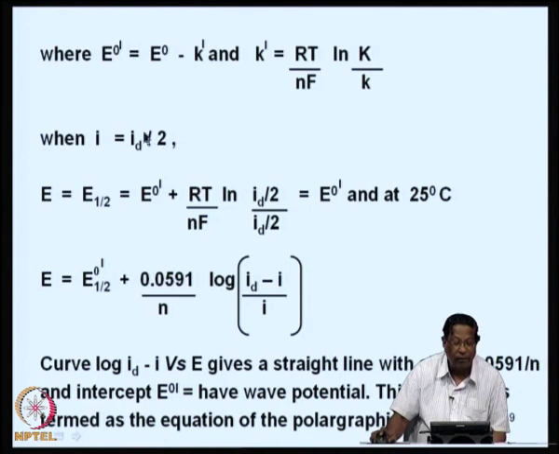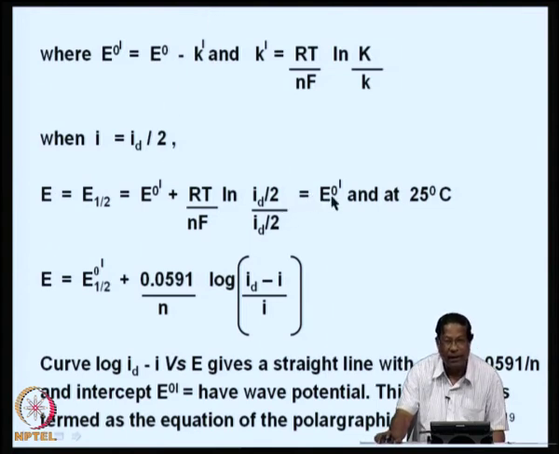Again, as usual, I do the exercise when I is equal to Id by 2. Here I am going to get E naught dash, because this expression reduces to 1 and log of 1 is 0. So, E is equal to E naught dash, that is E half.